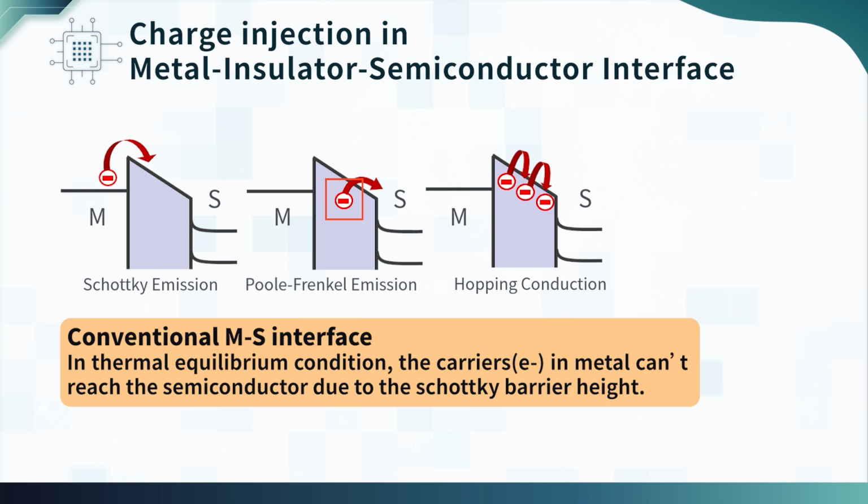If we have a defect in the dielectric, it can have Poole-Frenkel emission. That means the electron can first jump to this defect and then jump out of the defect to reach the other side. Or if we have too many defects in the dielectric, then we have hopping conduction. That means the electron can first jump to this one, jump to the second one, jump to the third one, and in the end reach the other side. So that also becomes a conduction mechanism.